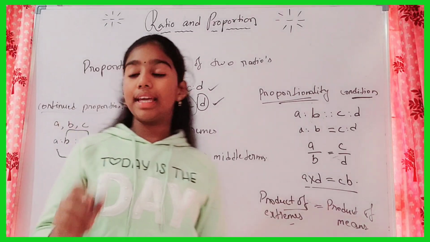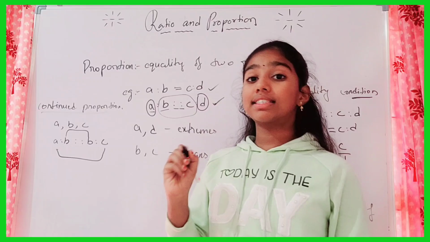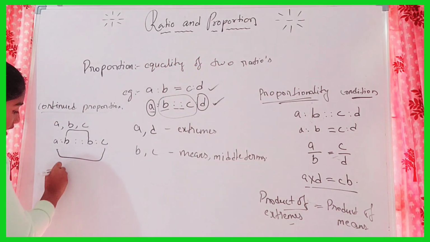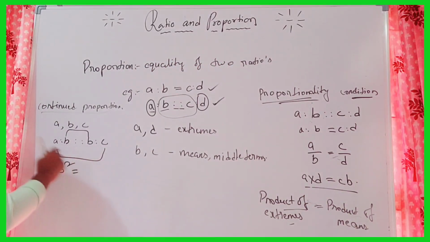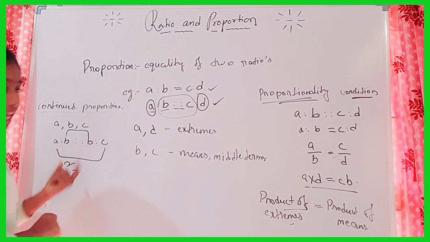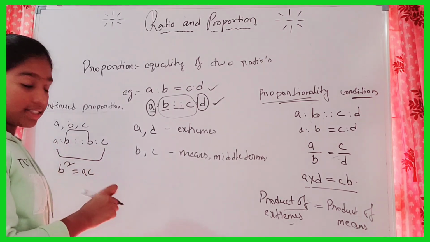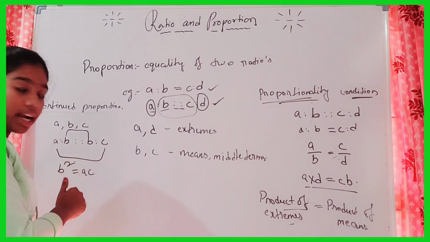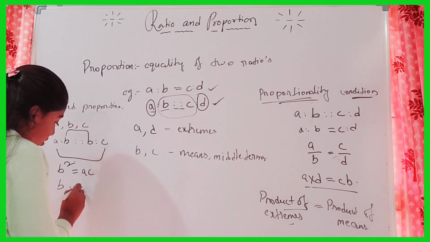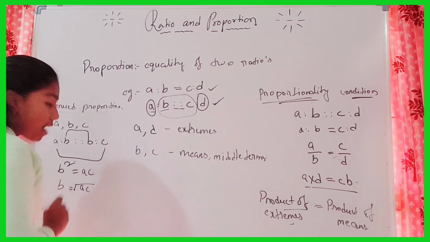So B into B, the means, is B squared. B squared is equal to AC, the extremes. When we take the square root on that side, B will be the square root of AC.